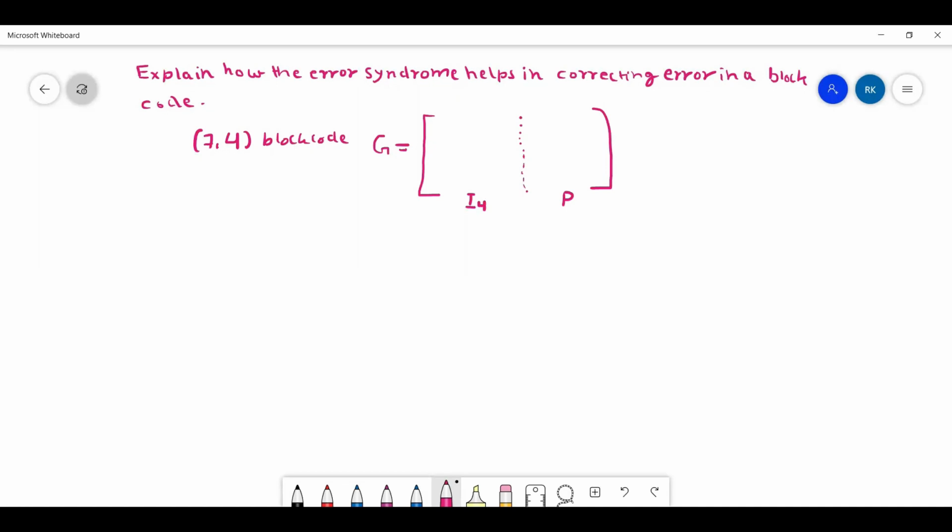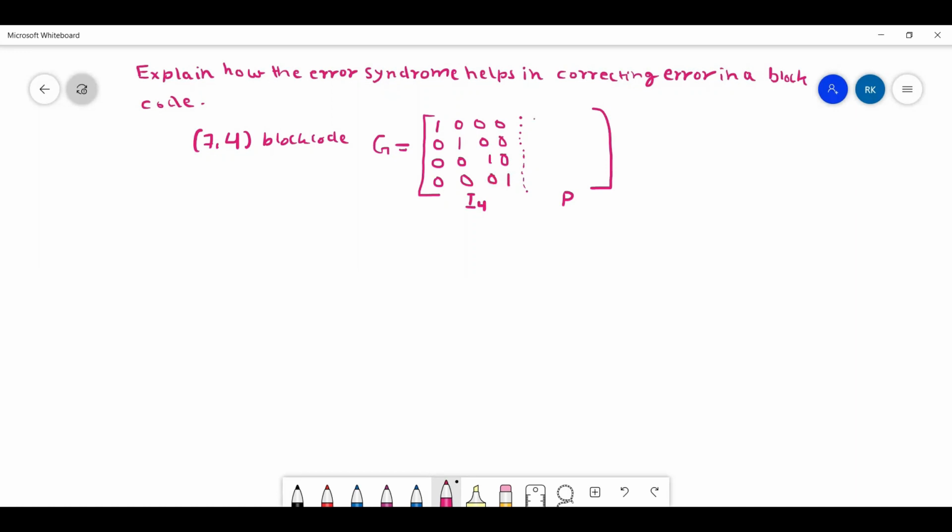identity matrix, and we will form a hypothetical generator matrix for this 7-4 code, where this identity matrix, or the first part of the matrix, is going to be the same for all generator matrices. 0 0 0 1, this part needs to be the same.